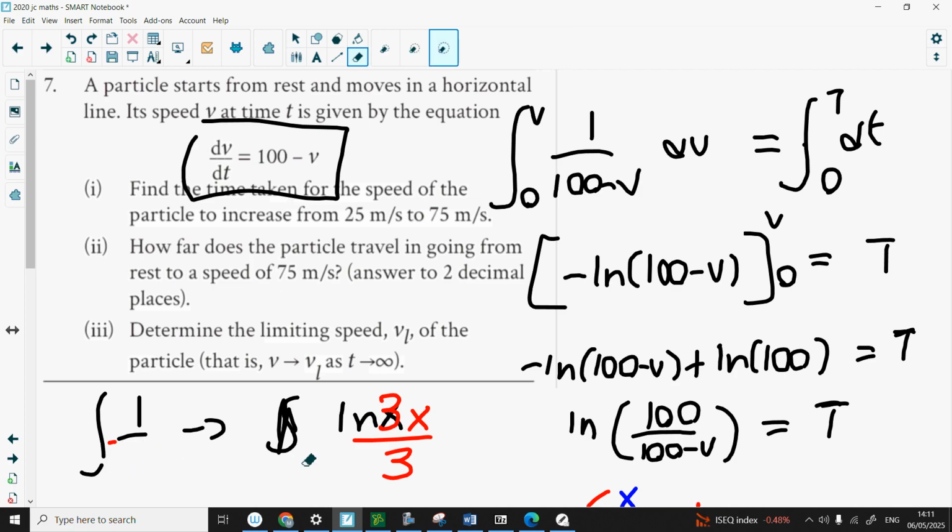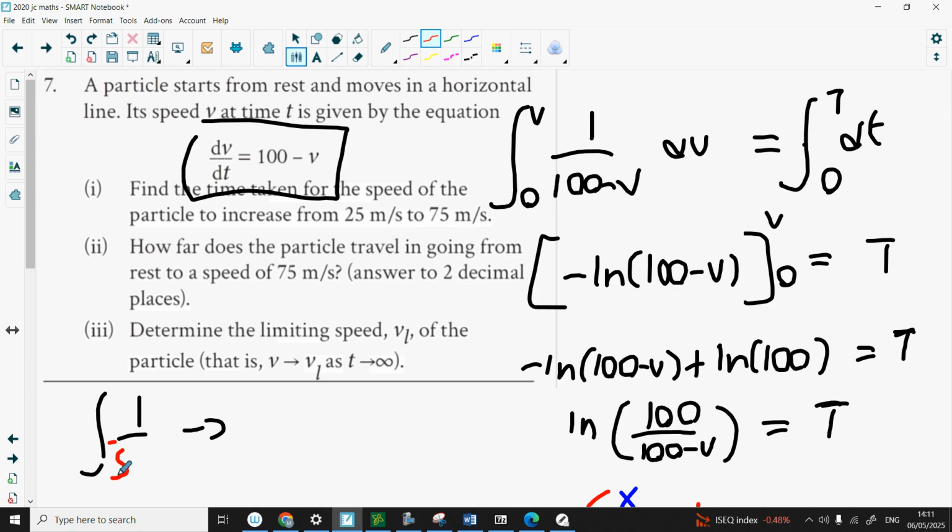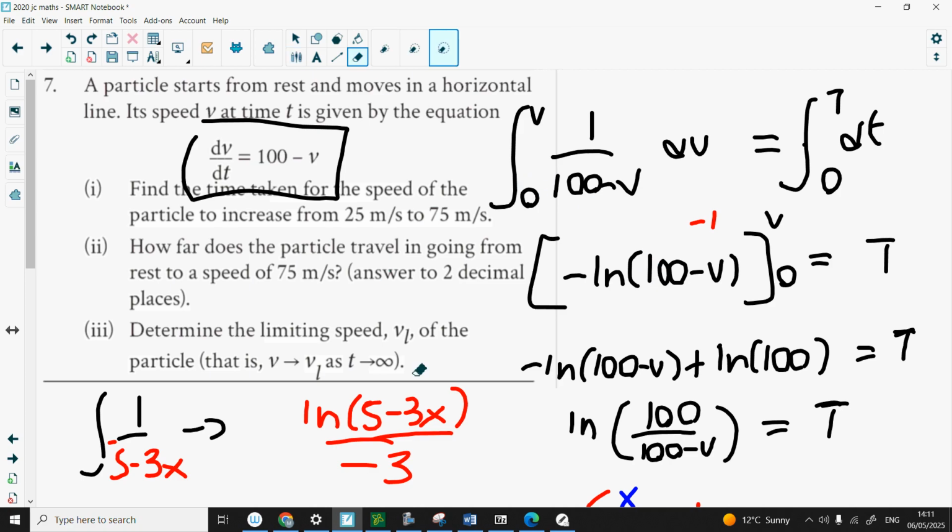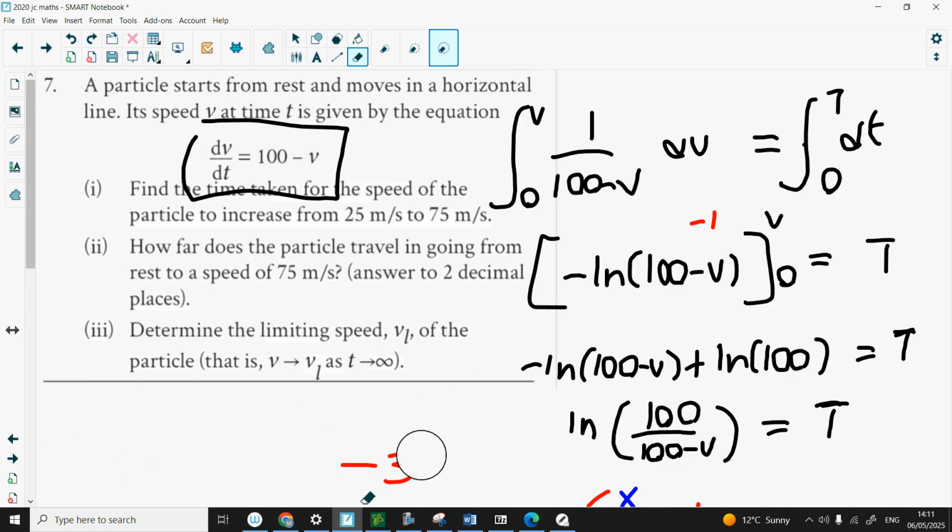But then when it's an unusual one, let's say for example ln of 5 minus 3x as an example, the answer to that question would be ln 5 minus 3x, differentiate that part, minus 3, so there'll actually be a minus 3 on the bottom. In this case, it was a minus 1. We did it in part 1. That's why I sort of took shortcut liberties there.